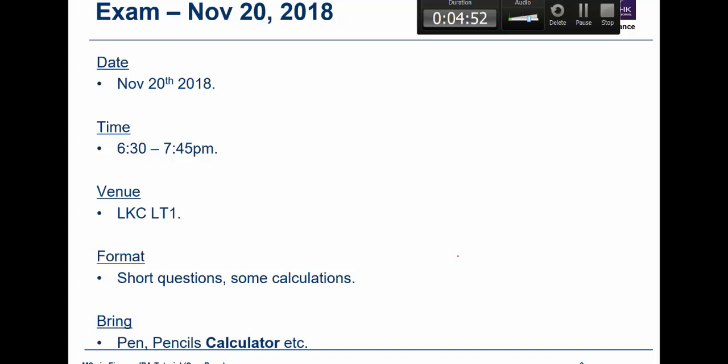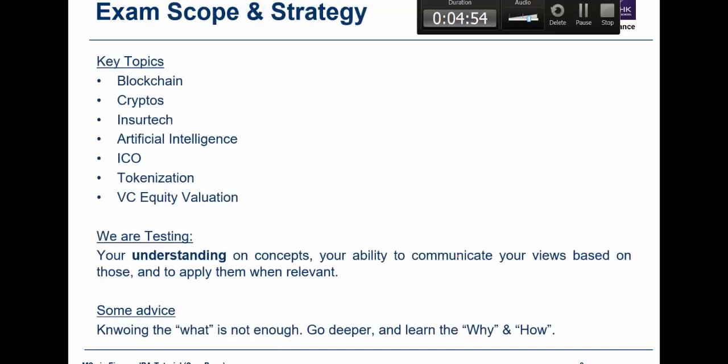Now, what are the key topics? The key topics are basically the topics that Xin-Ming has been covering, so you know what they are. Blockchain, although I think he takes a different angle from Bobby, both in the style of his lecture slides and also the style of the questions that you're going to be asked.